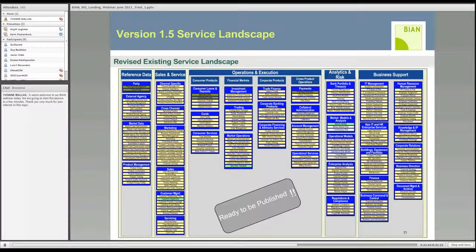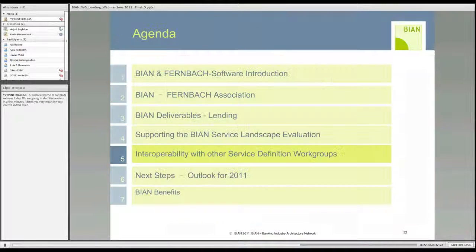And now the next topic to talk about is how the various service definition groups can draw information from each other, and how they are using this mode of interaction. So this is something which you can see on the upcoming slide, where you have an example of how the various service definition groups are exchanging information.